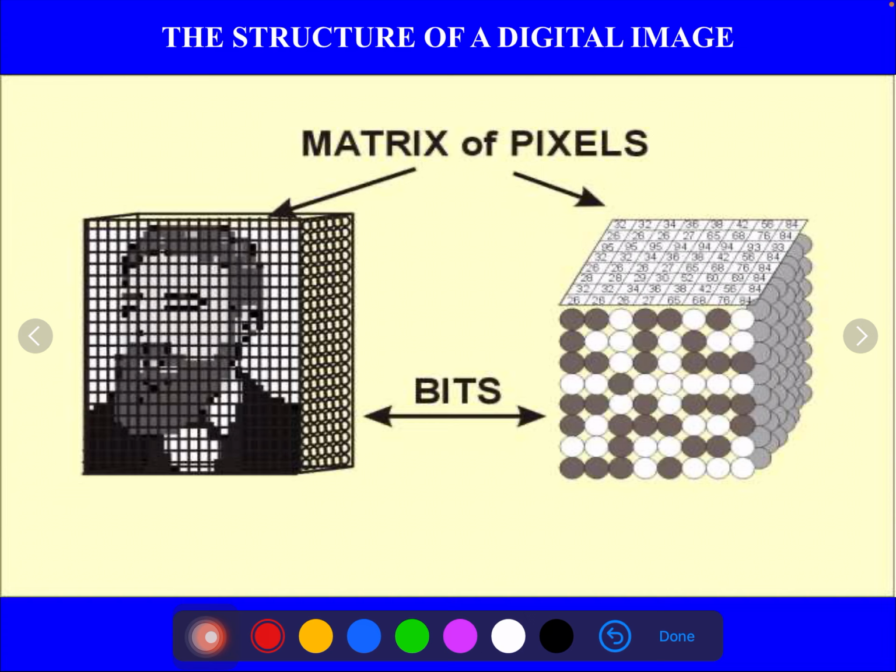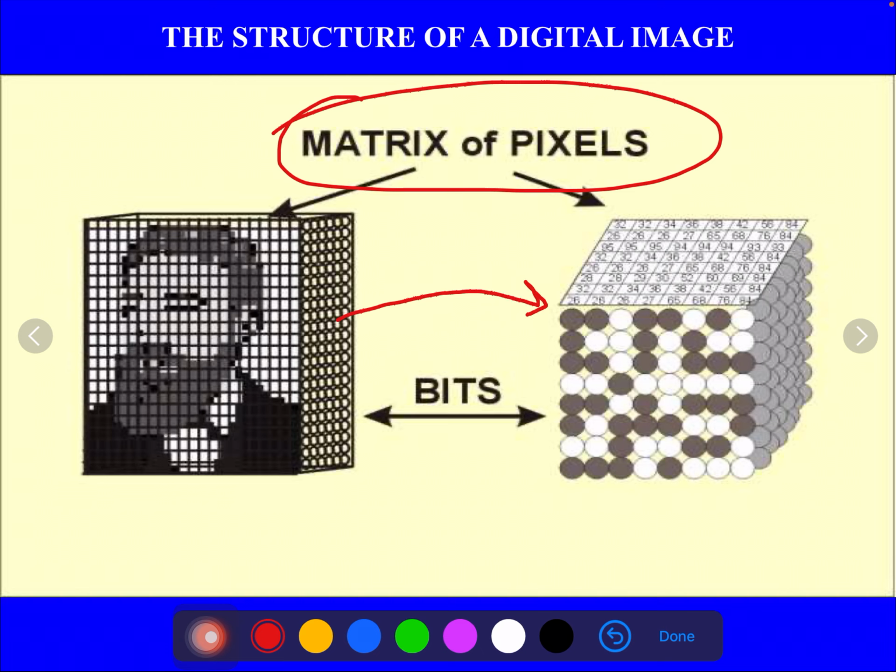These binary digits, bits, form the foundation of digital data. That is the major advantage of using digital. Look at this: the entire image is converted into a matrix of pixels, and these pixels are represented in terms of zeros or ones.